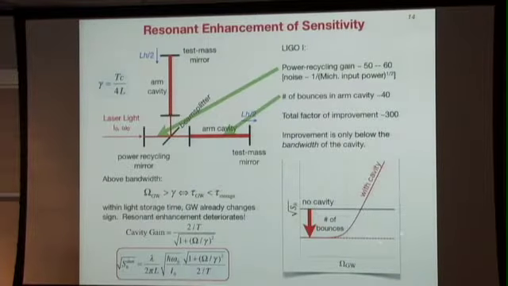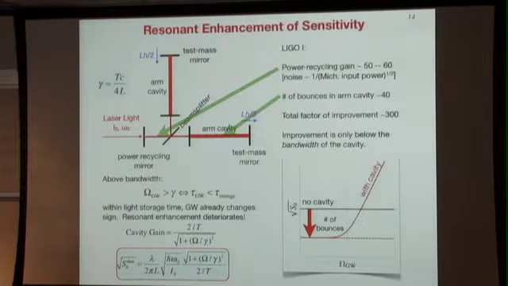But the problem is that because the light bounces many times in the arm cavity, if the gravitational wave frequency is too high and the gravitational wave period is too short, and during the storage time of the light in the cavity your gravitational wave changes sign, oscillating too fast, then you don't gain sensitivity anymore. Therefore, when the frequency of the gravitational wave is too fast, you start to lose sensitivity at this knee frequency, which is comparable to the light decay rate from the cavity, or 1 over the light storage time in the cavity.